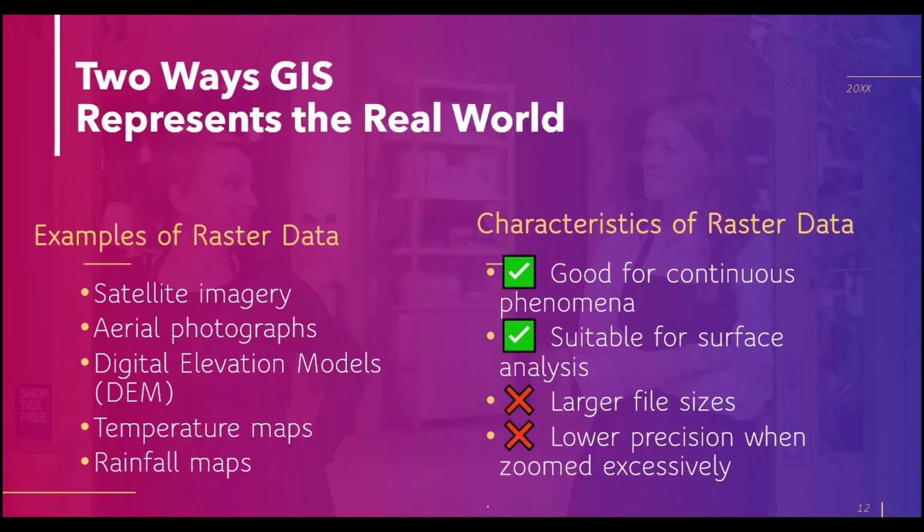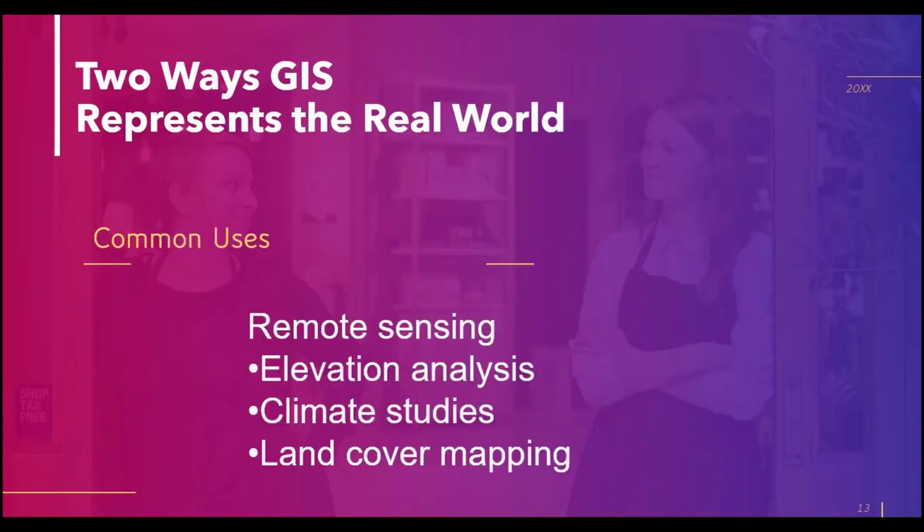So, these two are good and the other ones are not so good, but that is not true for every analysis. It depends on what you're doing. Common use cases: raster is usually used for remote sensing, analysis of elevation, climate study, and land cover mapping.